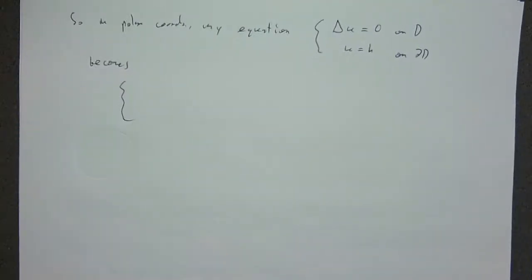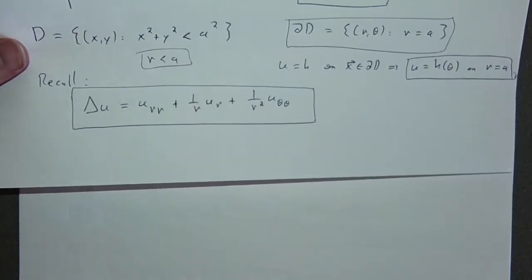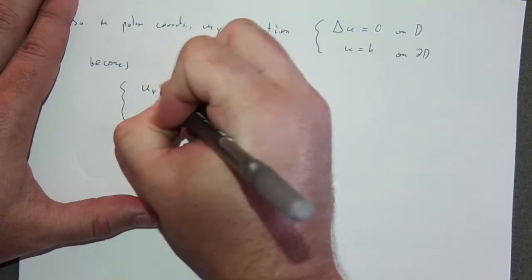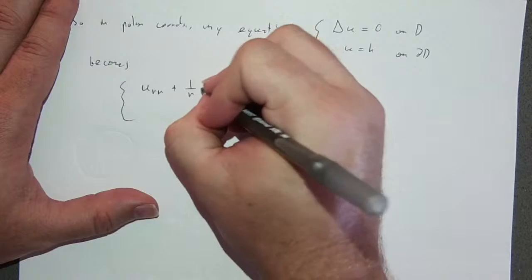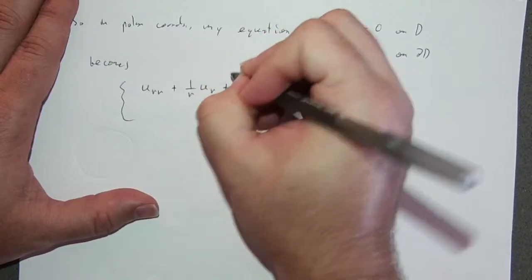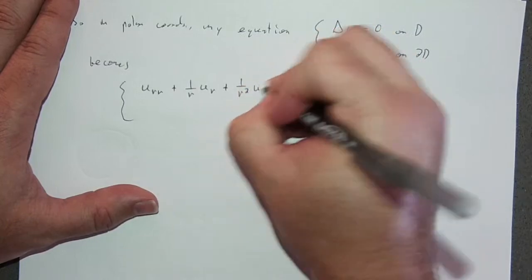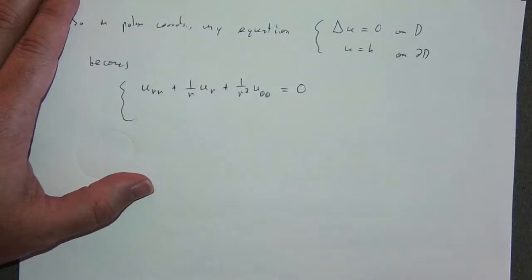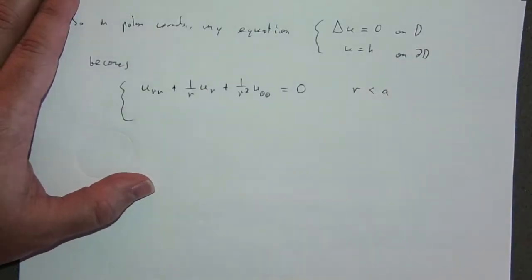The Laplacian is this thing in polar coordinates. So this becomes u sub r r plus 1 over r u sub r plus 1 over r squared u sub theta theta is equal to 0, and that is for r strictly less than a.